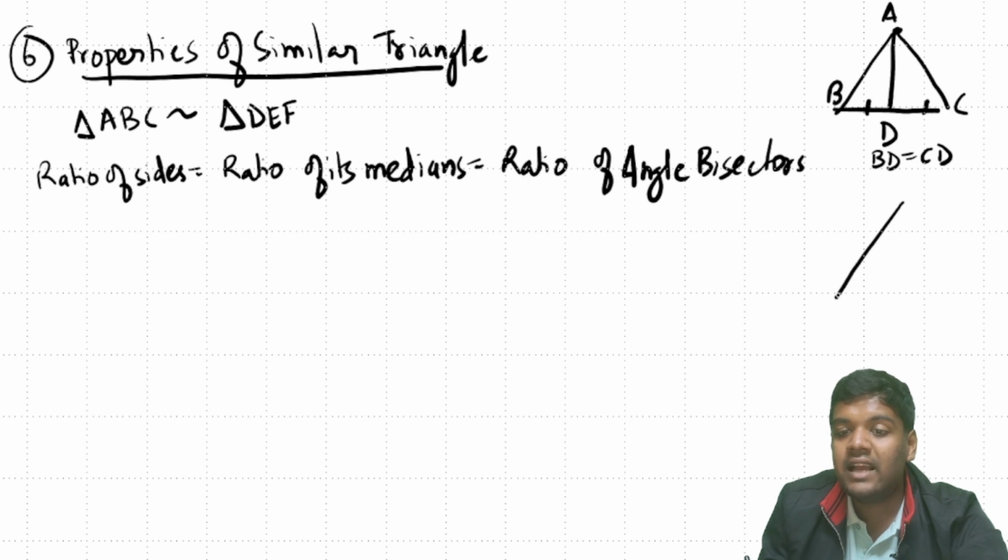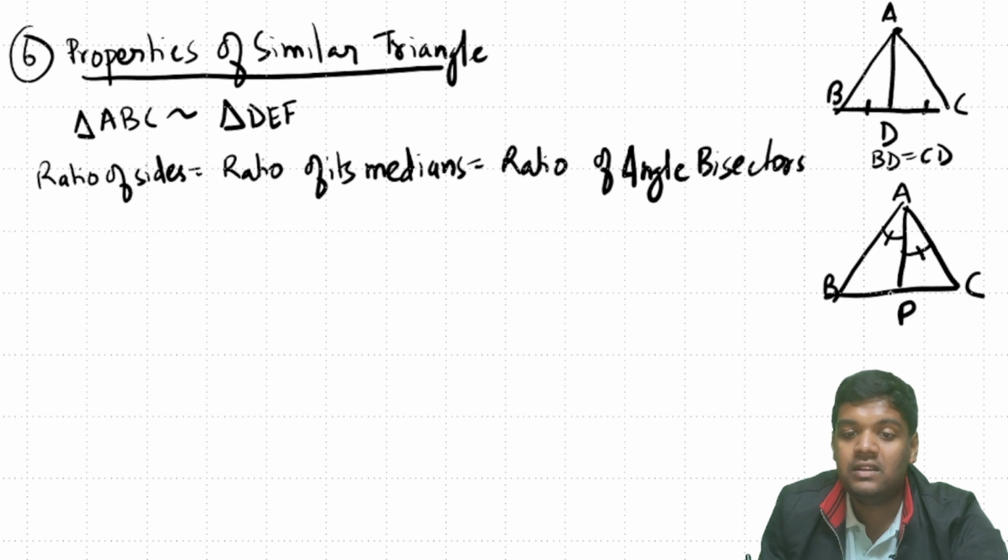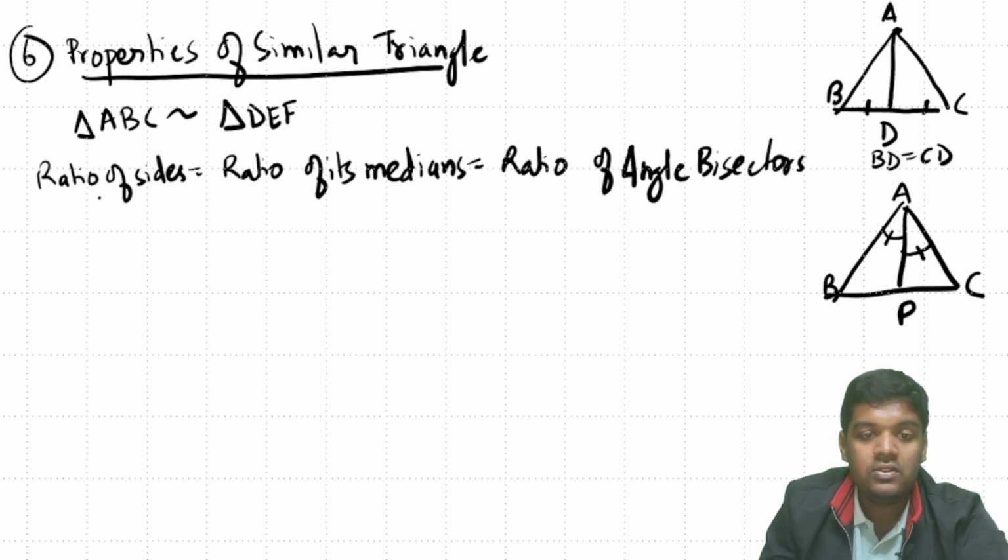Angle bisector is a line which bisects an angle instead of a side. So for example, again, this is a triangle ABC and AP is the angle bisector, then angle BAP equals angle PAC, right? So this is an important property which we'll use sometimes.